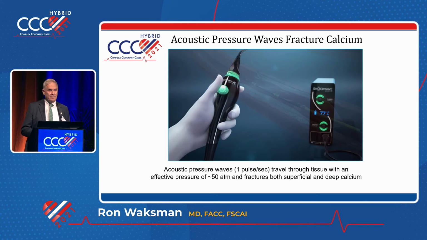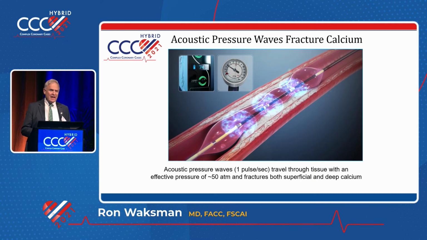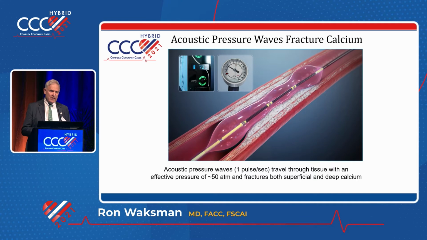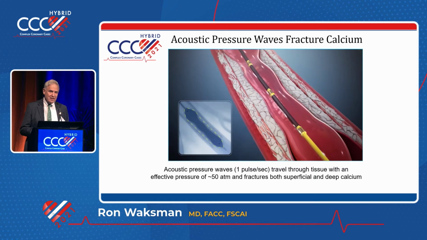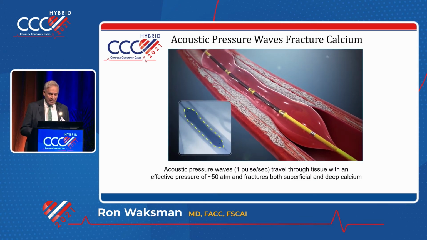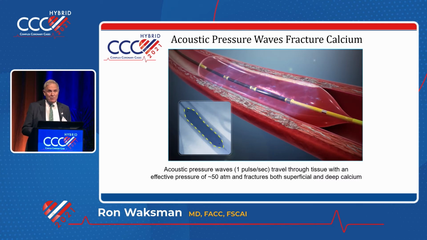and fracture both superficial and deep calcium. Now, if indeed this is working, then this system will offer you a very safe procedure, as was shown in all the trials so far, with no perforations, no dissections, no loss of flow. And it does give you assurance that you, in most cases, will be able to get the desired result.